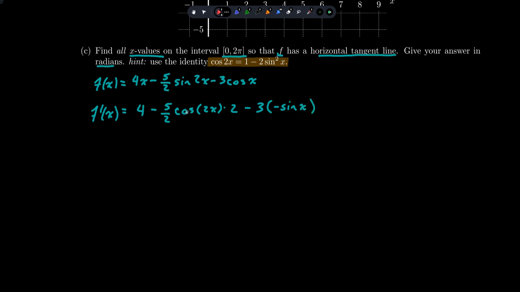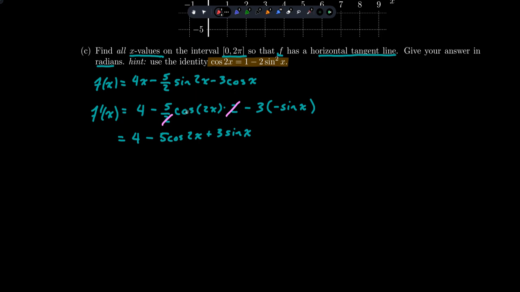Let's take a moment to clean that up just a little bit. The first thing we'll do is say that's 4 minus, and these factors of 2 right here would cancel, so we would end up with minus 5 cosine 2x, and then plus 3 sine x. Do a double check, make sure that all works for you.